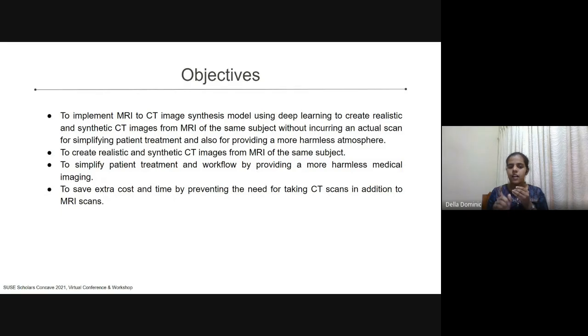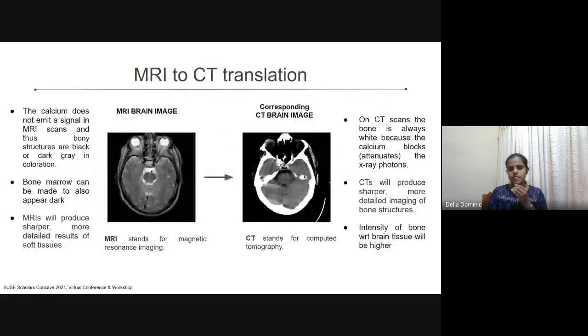And for other reasons, for example, when both these modalities are required for diagnostic purposes, in order to save extra cost and time, by preventing the need for taking actual CT scans, we can rely on this MRI to CT synthesis model. These are the main objectives of the project.